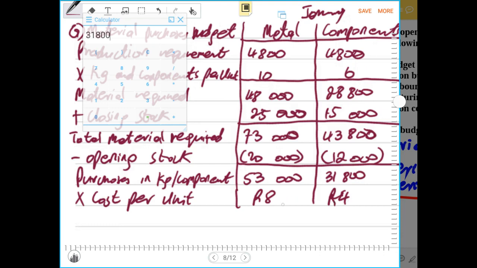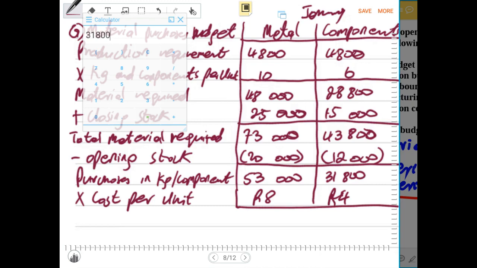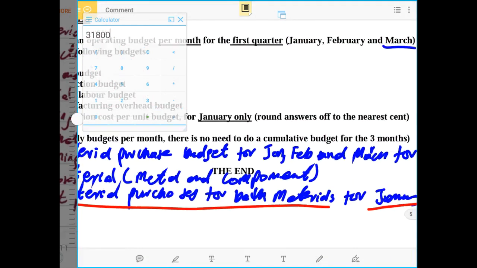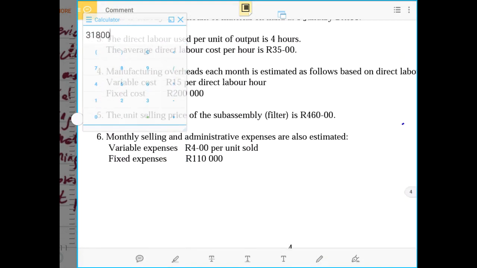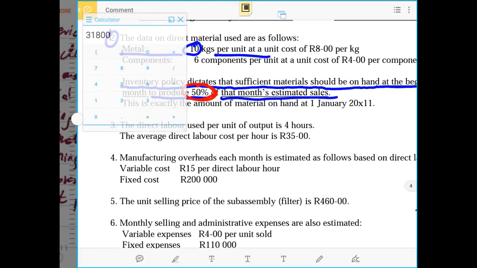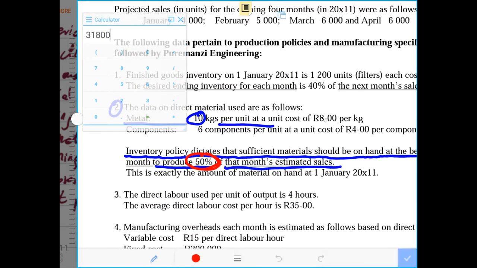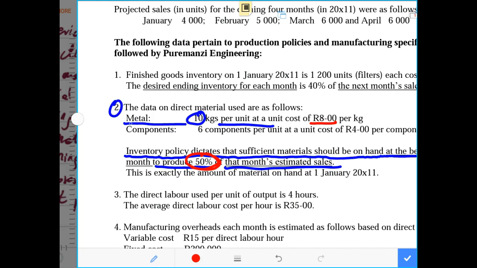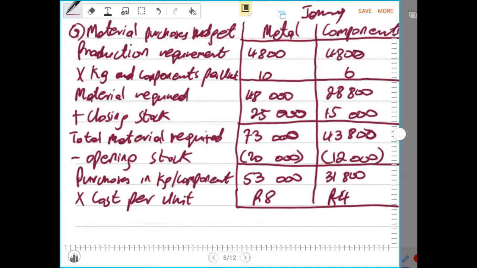So now we multiply by the different prices. I think it was 8 rand for the metal and 4 rand for the components. Let me just reconfirm that. Yes, 8 rand for the metal, and for the components it is 4 rand. So that is why we multiply by the different costs.